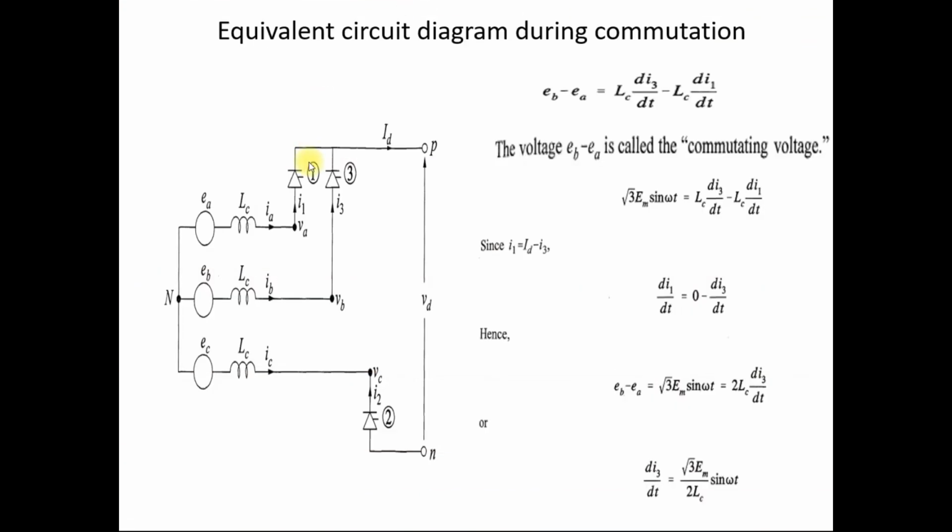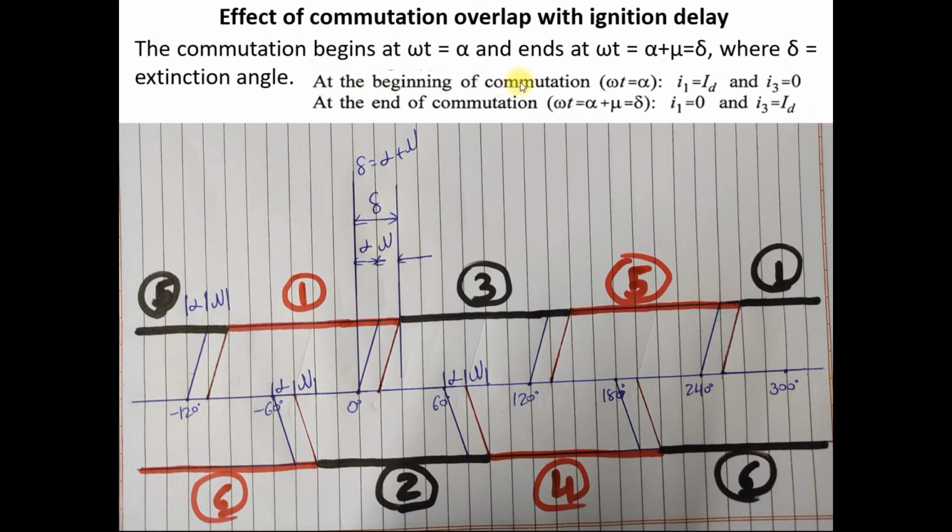You can see that here I have written that at the beginning of the commutation, omega t is equal to alpha. So at the beginning of commutation, meaning at the end of alpha, the value of current I1 is equal to Id. Here we are talking about the commutation between valve number 1 and 3. At the beginning of commutation, the current flowing into valve 1 is equal to the total direct current.